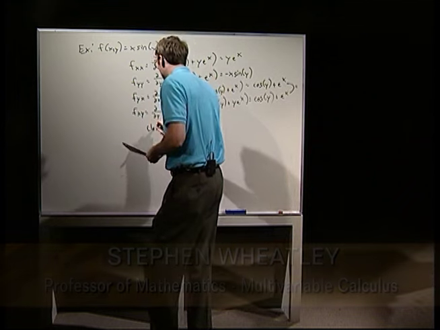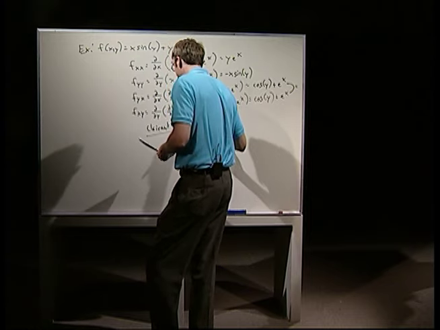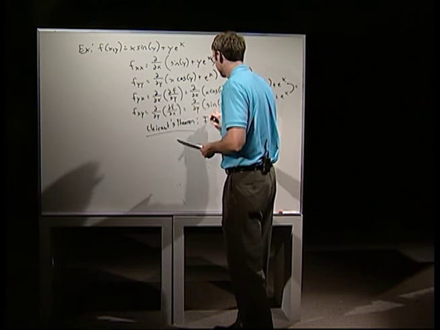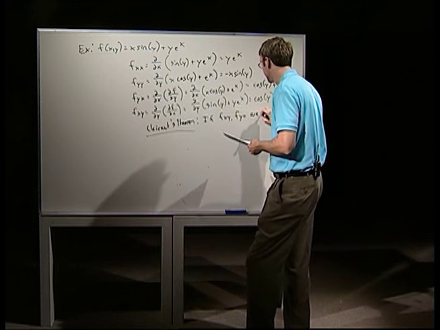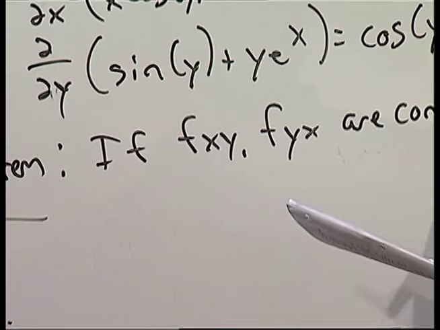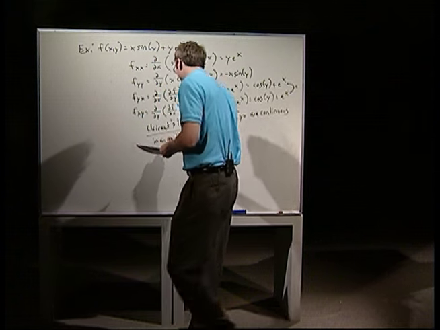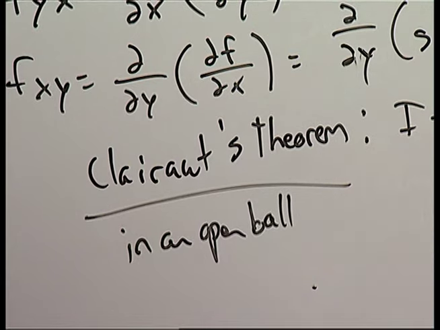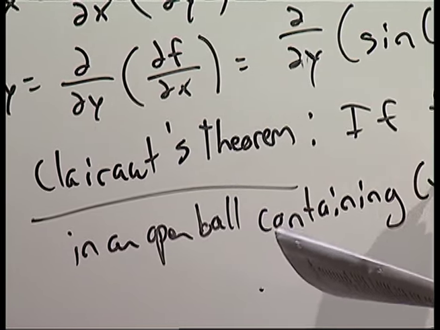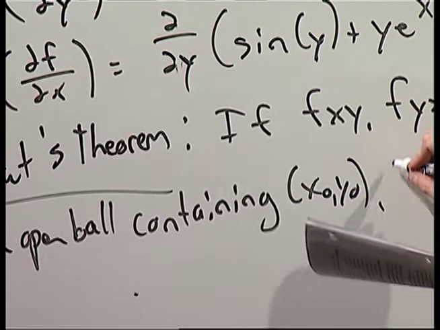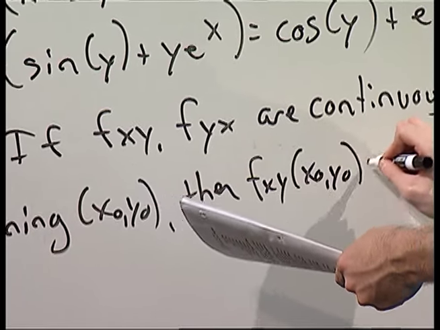No. We have Clairaut's theorem, which says this: if your mixed second-order partials are continuous in an open ball, in a region around a point, in other words not just at a point but in some region around it too, then they are equal at that point.